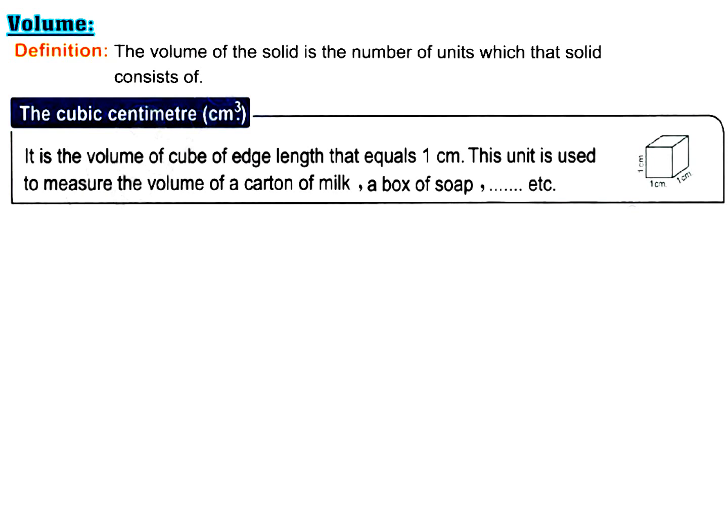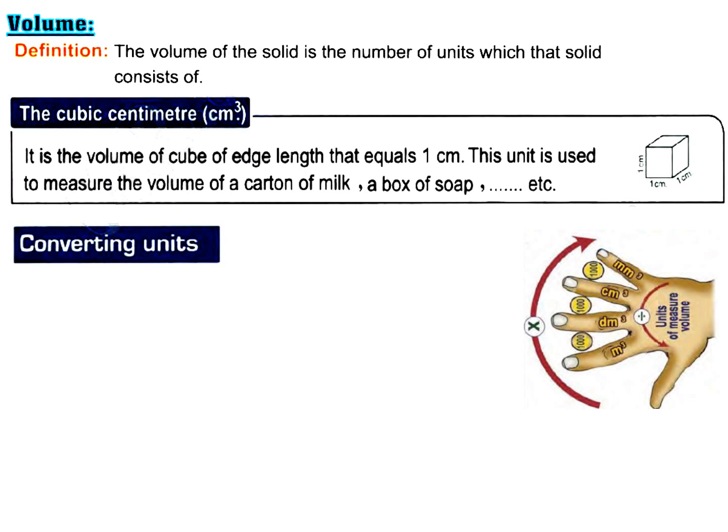Okay, the same definition, but the edge length in the cubic centimeter equals 1 centimeter, while in the cubic meter the edge length equals 1 meter.